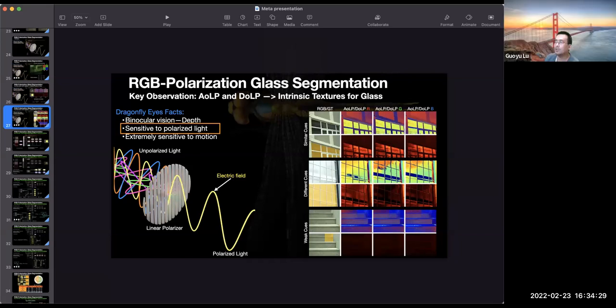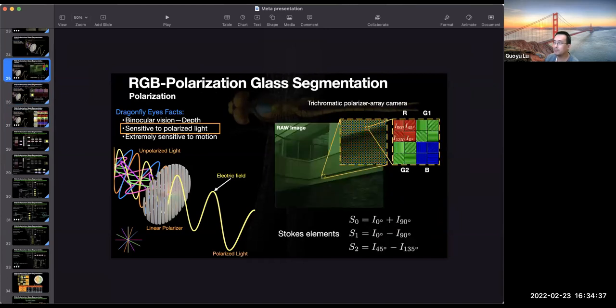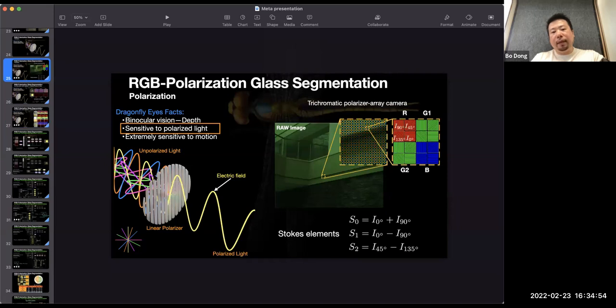Okay. Also, in this work, I saw you have filters oriented at 0, 45, 90, 135 degrees. Have you ever tried using just 2 angles like 0 and 90, or using 3, to reduce the filter number? Well, no. If we want to calculate the Stokes elements, we have to have these 4 different angles.